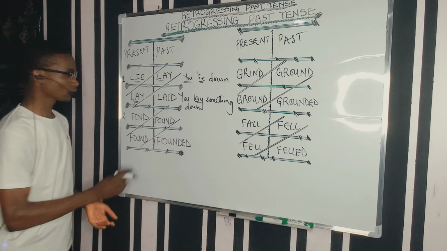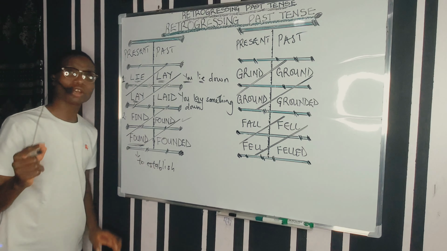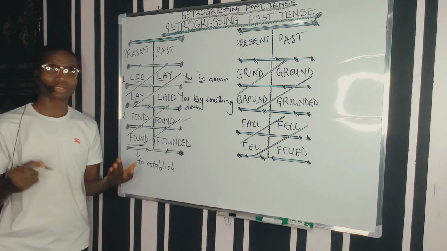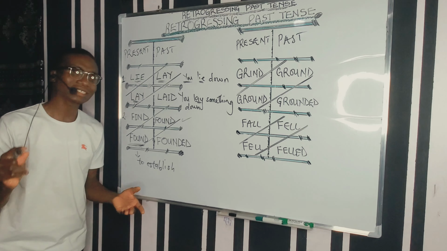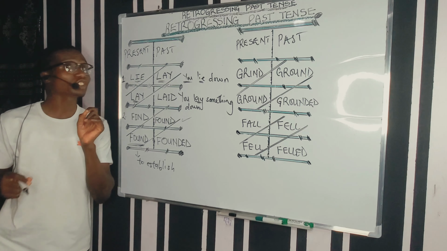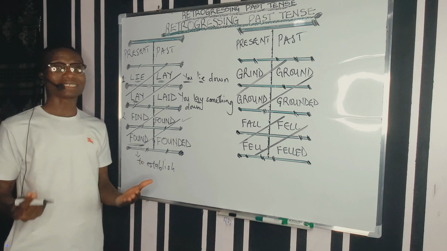But for found, what does this found mean? This found actually means to establish. Now recall, you must have seen some schools or organizations where they write something like founded in 1956, founded in 2003. That is this word. To found. So it is actually correct to say, by next year I will be founding my school.